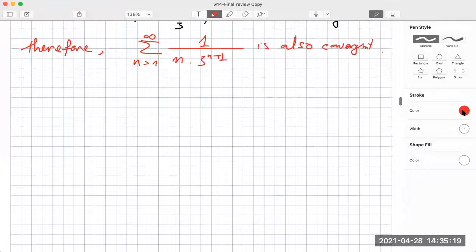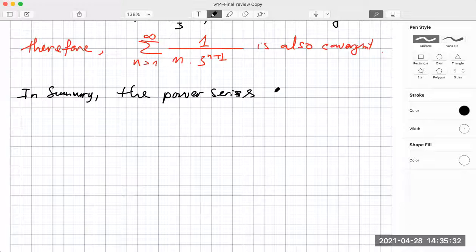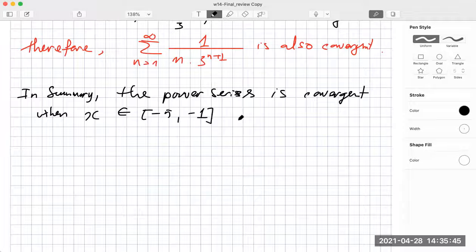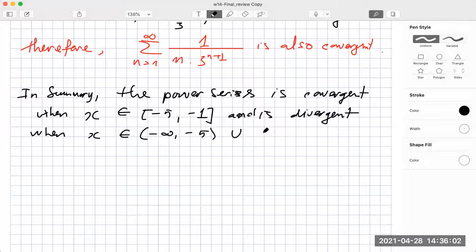So in summary, the series is convergent when x is between negative 5 and negative 1, and is divergent when x belongs to negative infinity to negative 5, union with negative 1 to infinity.